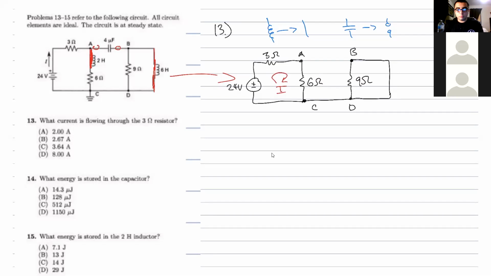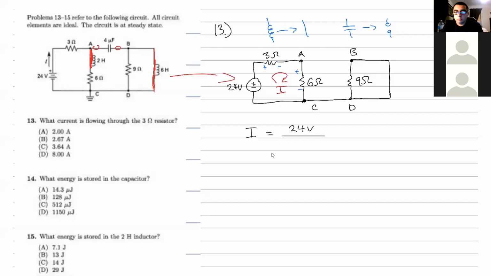However you guys want to do it, I'm just gonna do mesh because that's what's easy to me. Okay, you don't even have to do mesh actually here. You could just do simple Ohm's law, okay? So the current is gonna be equal to the voltage, which is 24, over the sum of the resistors in that loop. And the sum of the resistors are gonna be 2 resistors right here.